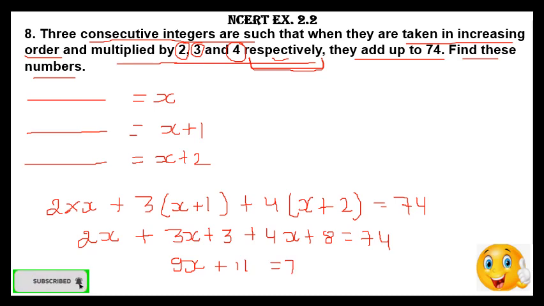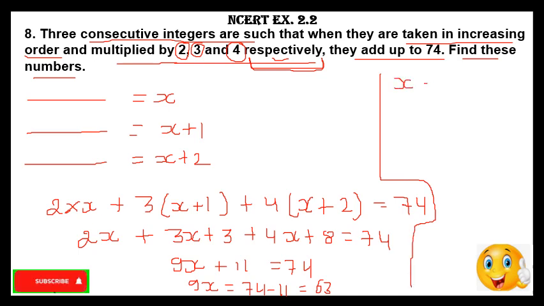You write here 11 is equal to 74. Then you transpose 11 from left to right, and you write here 74 minus 11, that is equal to 63. The value of 9x we have got is 63, and then we have to write here x is equal to 63 divided by 9.